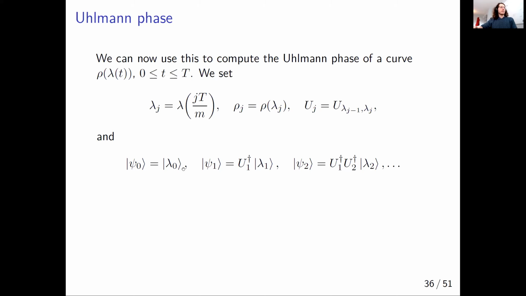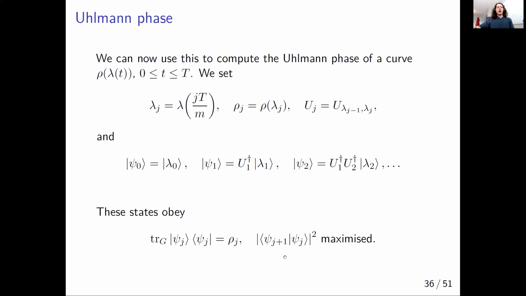So psi naught is lambda naught, psi 1 is u1 dagger lambda 1, psi 2 is u1 dagger, u2 dagger lambda 2, and so on. And by the reasoning that I've just described, these purifications maximize the transition probability from one state to the next. And they are genuine purifications of the appropriate density matrices.